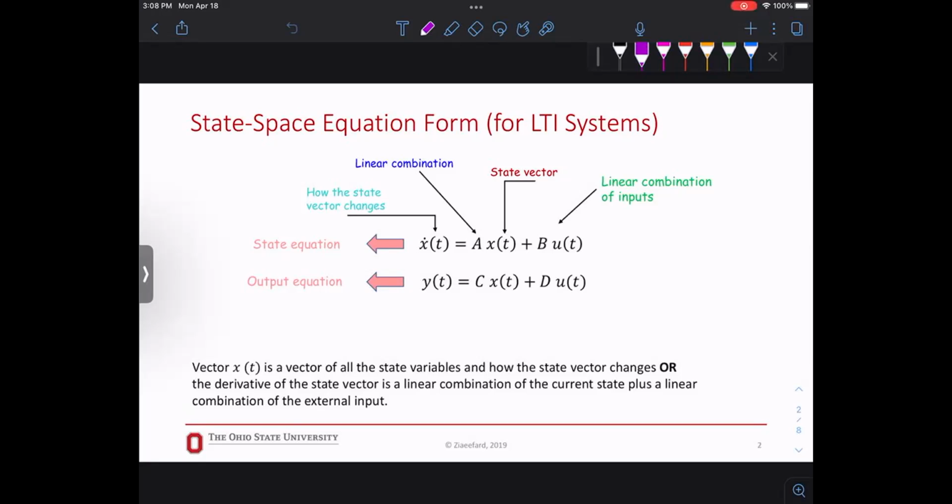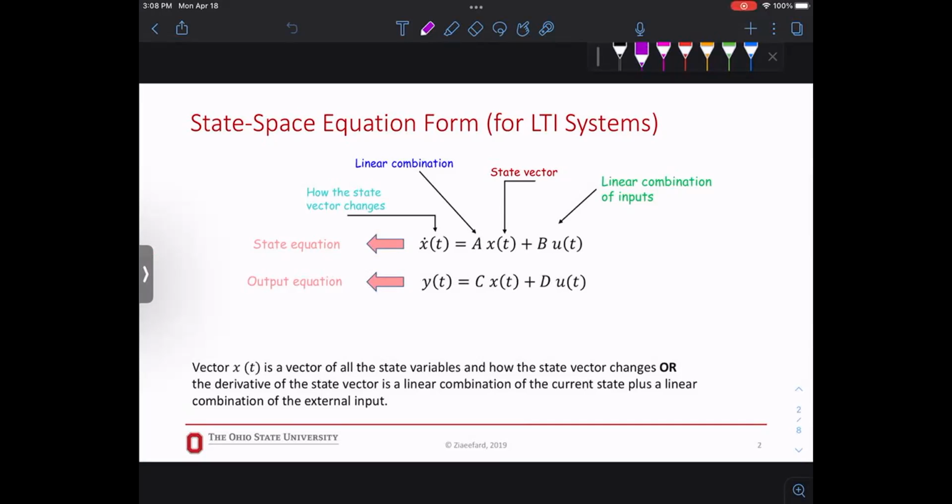In the state equation, we have a linear combination between your states and your input, and how it changes. Your x dot of t, or the rate of change of your states, is going to be equal to some A matrix times your state vector. Your state vector could be your position, velocity, pressure, temperature, whatever is the state of that system.